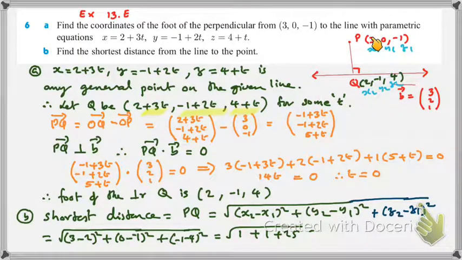So (3 - 2) squared plus (0 - (-1)) squared plus (-1 - 4) squared. That's 1 squared is 1, 1 squared is 1 and (-5) squared is 25, which is root of 27. That's 3 root 3.